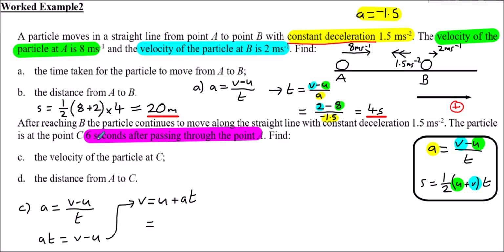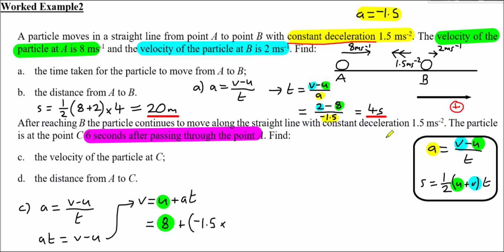So we're given 6 seconds now after passing through point A, so it's still relative to point A where it started. Here, I'm still going to take U as the initial velocity at point A, which was 8 meters per second. The acceleration is still minus 1.5, since it's a deceleration of 1.5.